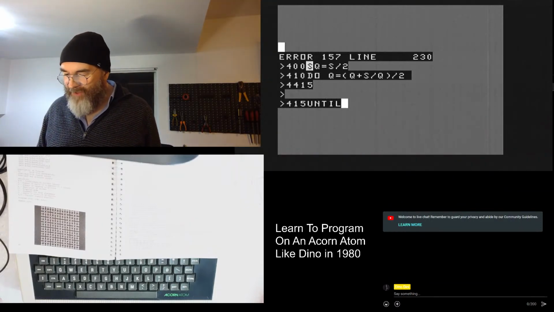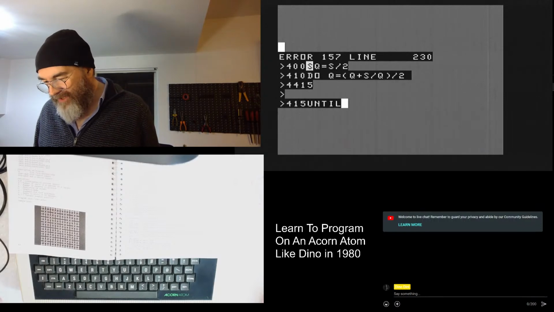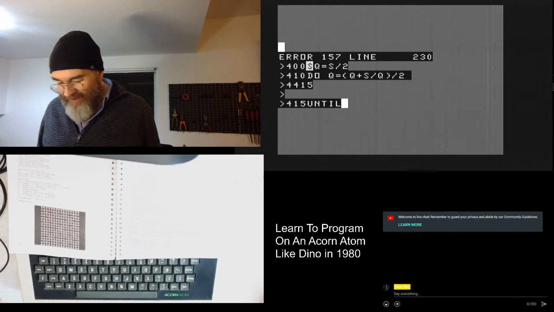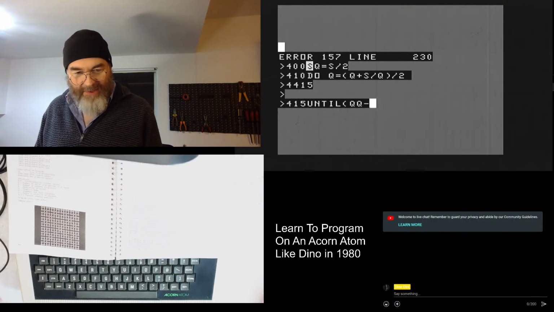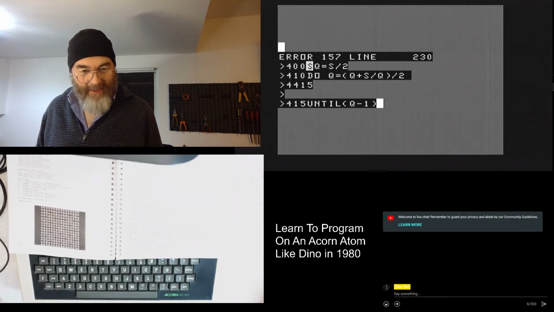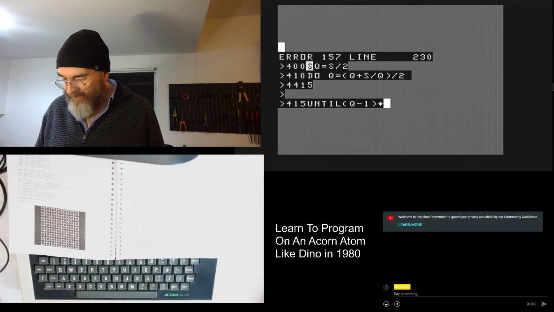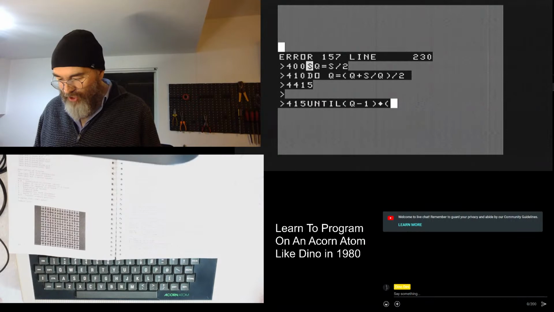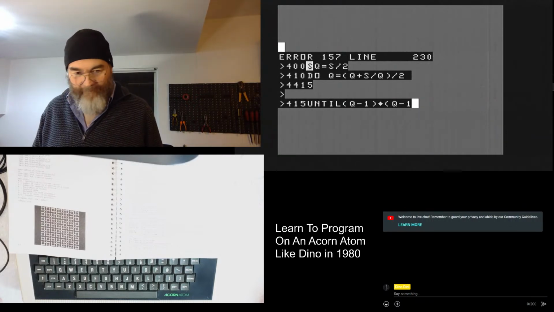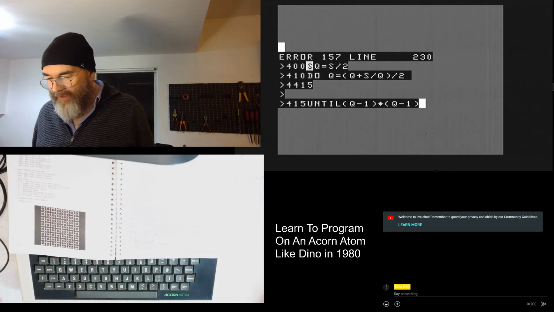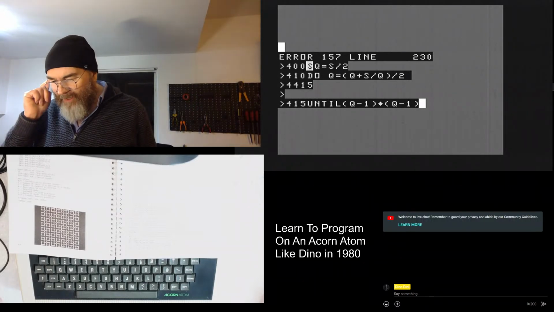And so the stopping condition here, that's clumsy. Q minus 1. Double key bounce there. Until Q minus 1 times Q minus 1 is less than S, right?